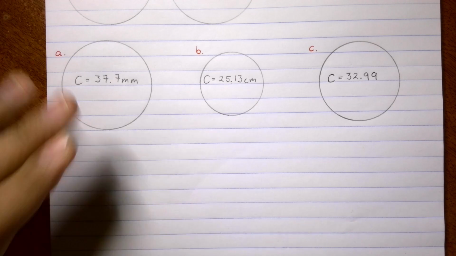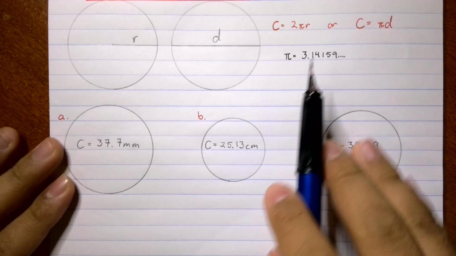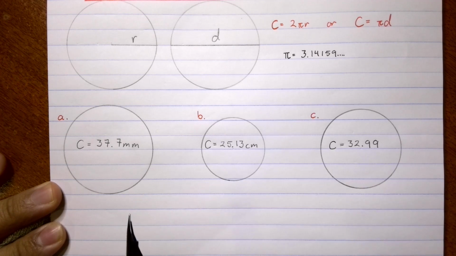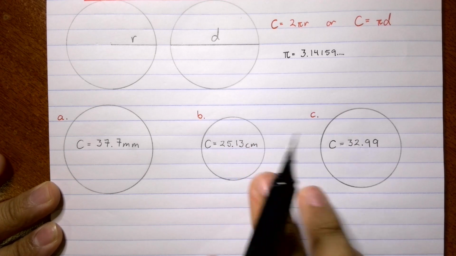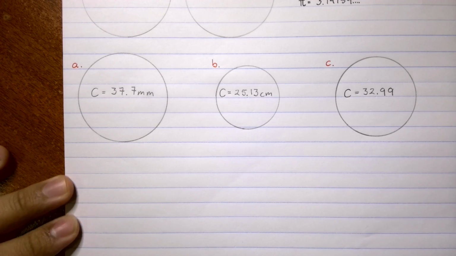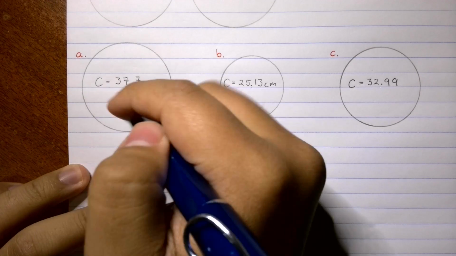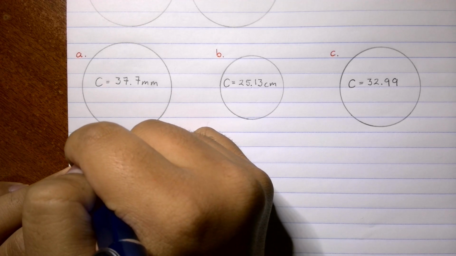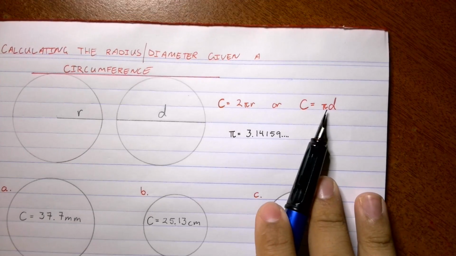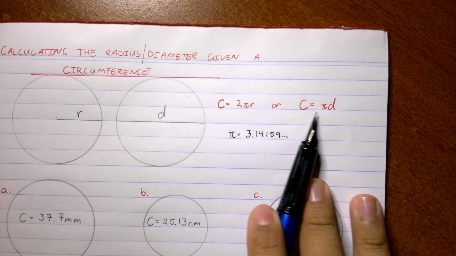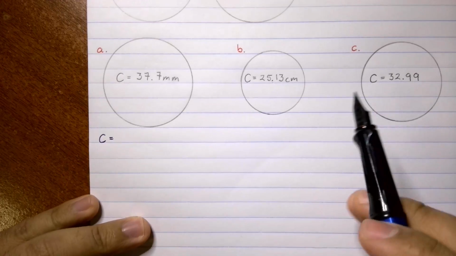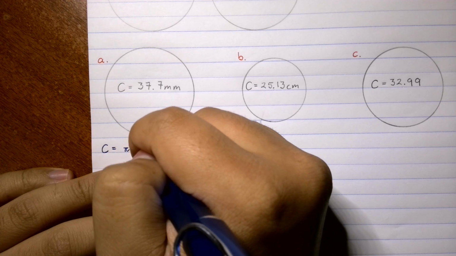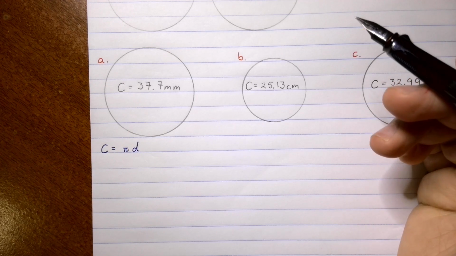In the first example, I'm going to demonstrate how to find both the radius and the diameter using both of these formulas. Here we go. Let's start first with the diameter. So we'll be using this formula here. Circumference equals pi times d, or we can just leave it as pi d, like so.